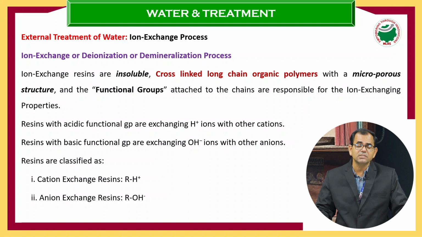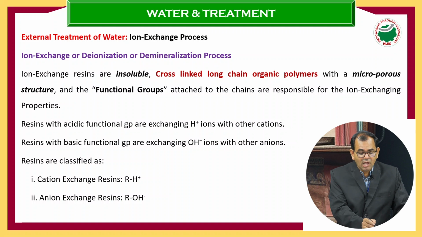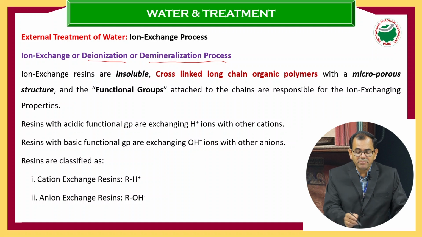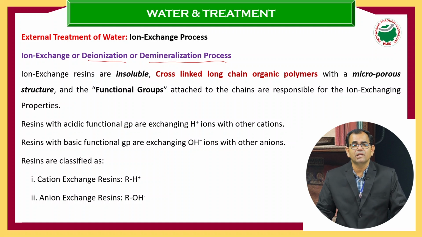The ion exchange process is further called the deionization or demineralization process. Just by the name itself, deionization is removal of ions; demineralization is removal of minerals or any salts from the water. So deionized water or demineralized water is free from any salts.